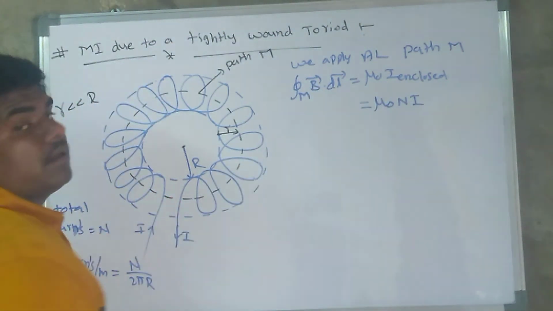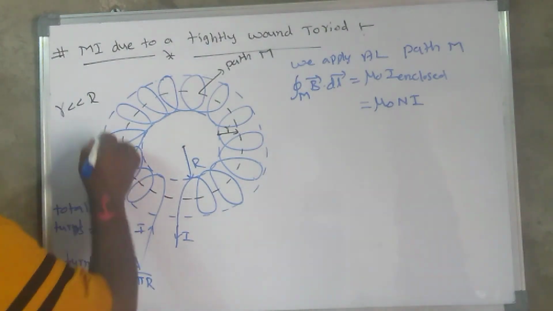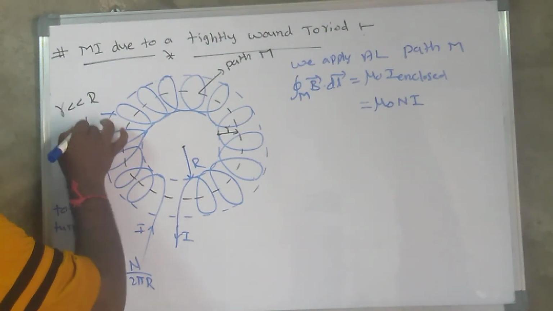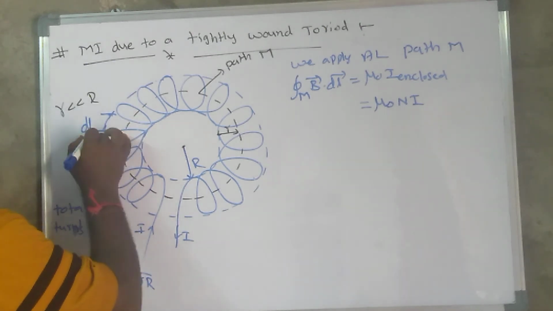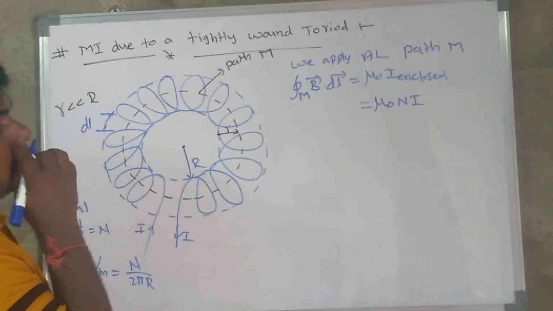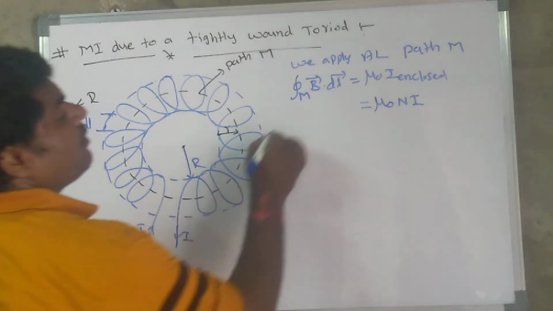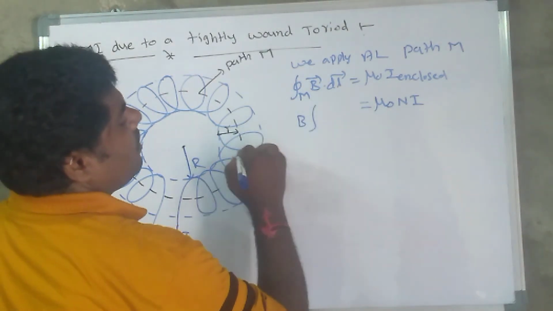Here the B value, and let us consider this is a small elemental dl. This is a dl, and the magnetic field is in the same direction. So that's why you may write B outside the integral.